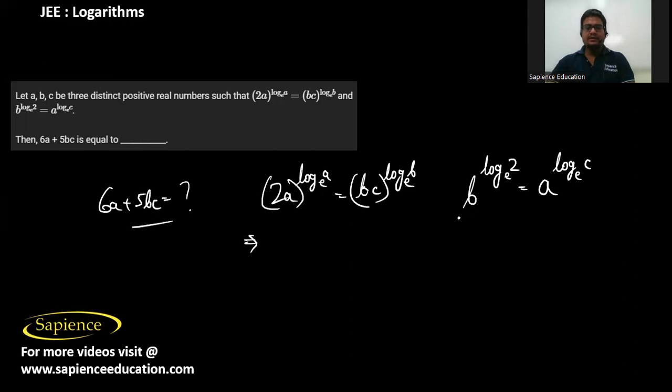Here actually we can take log on both sides. So then we will get log 2 base e into log b will be equal to log c base e into log a base e.